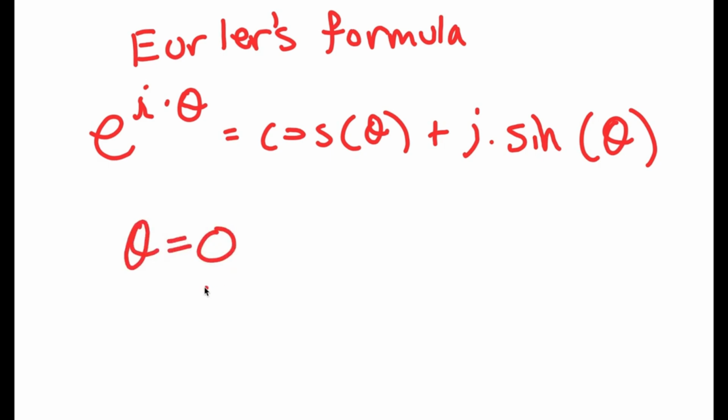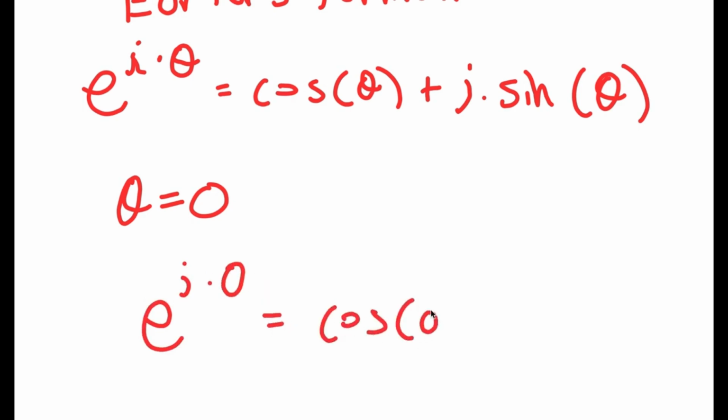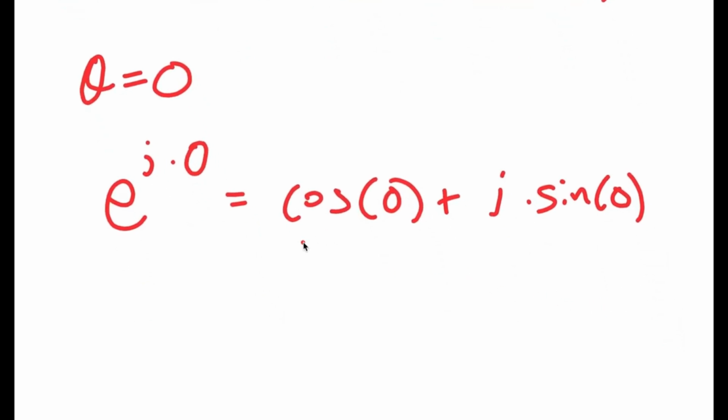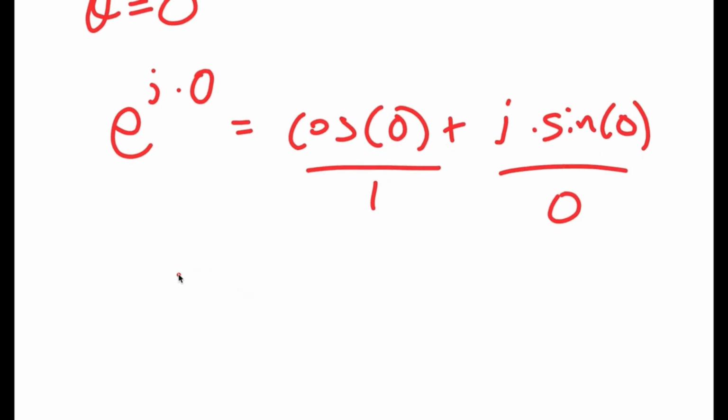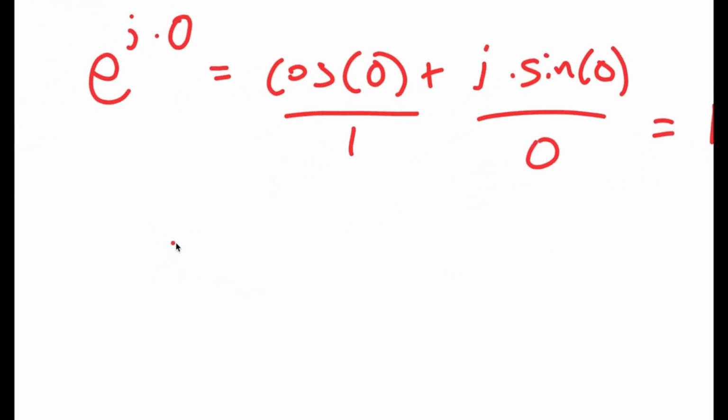Say that theta equals 0. So now I get e to the power of i times 0 is equal to cosine of 0 plus i times sine of 0. Cosine of 0 is 1 and sine of 0 is 0. So I get this all is equal to 1. Now, what if we say theta is equal to 2k pi?